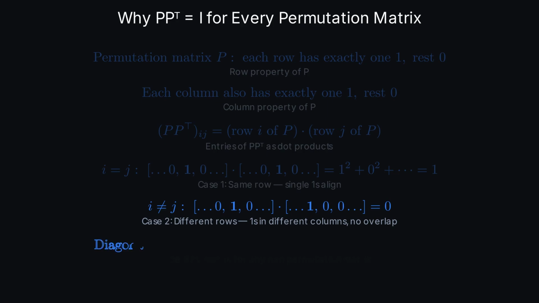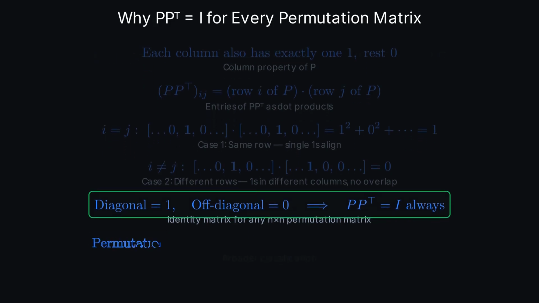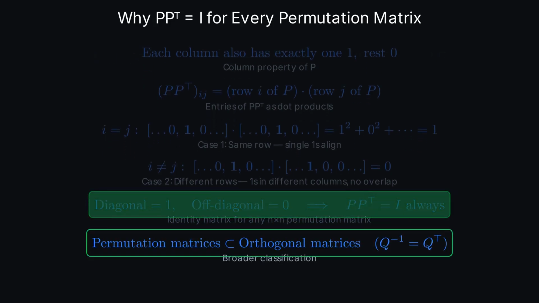The dot product is 0. This means the diagonal entries of P times P transpose are all 1 and the off-diagonal entries are all 0. That gives us the identity matrix every single time. This is why permutation matrices are a special case of orthogonal matrices, the broader family of matrices where Q inverse equals Q transpose.